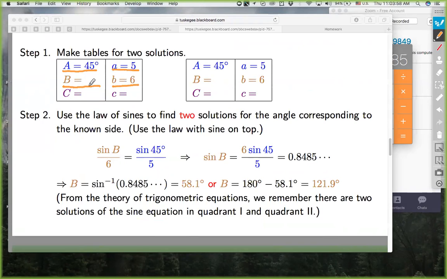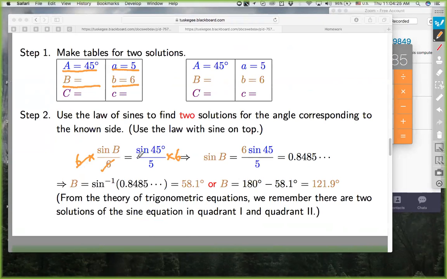Because we want to find the angle B, B goes to the numerator. So we'll start with sine of the angle B over the side value, 6. And compare this with the pair A. The sine of the angle 45 over the side value 5. And then just get rid of the denominator.